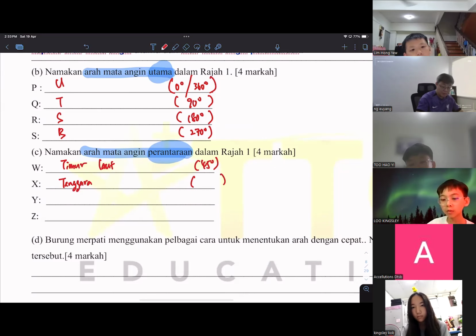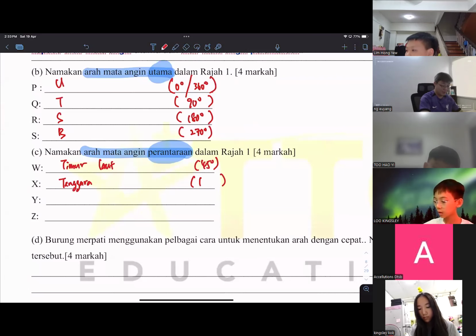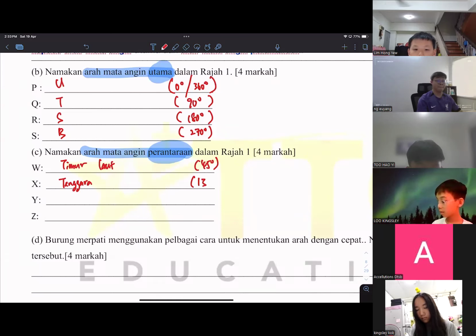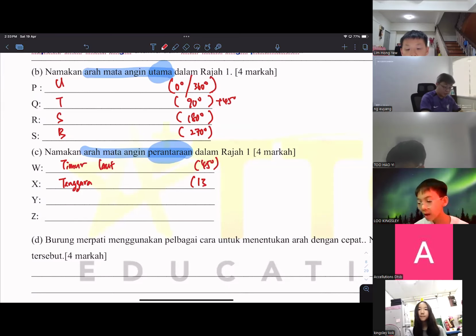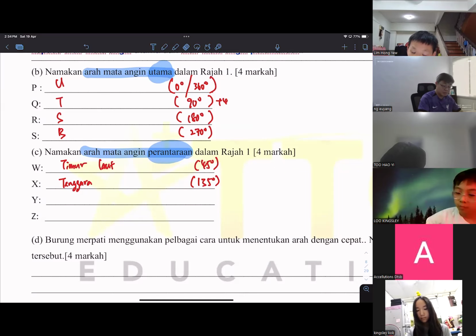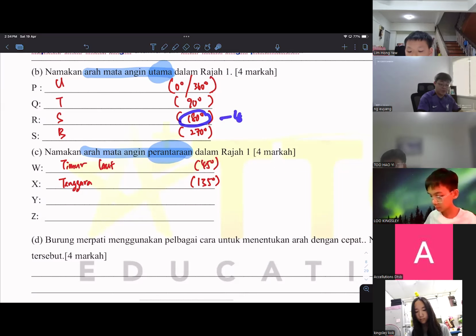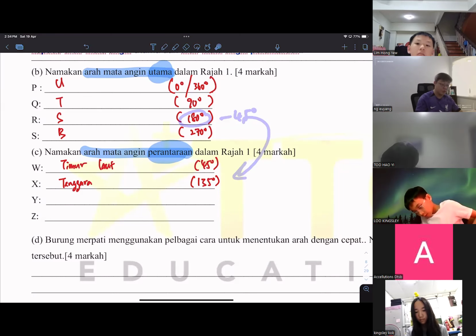Tenggara is 135. Just use 90 degree plus another 45 degree, which is 135 degree. Or you can use 180 degree minus 45 degree, still equals 135 degree, which refers to your tenggara.